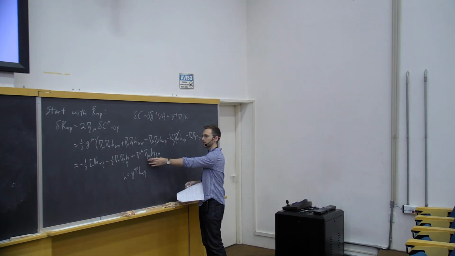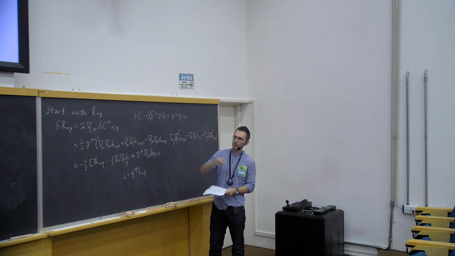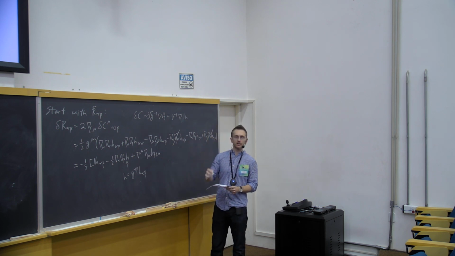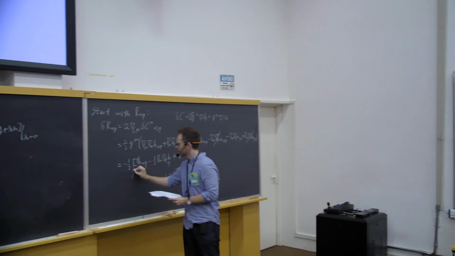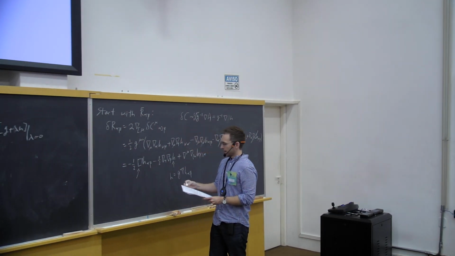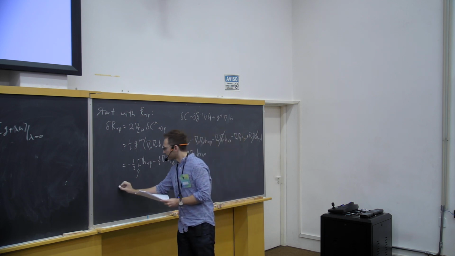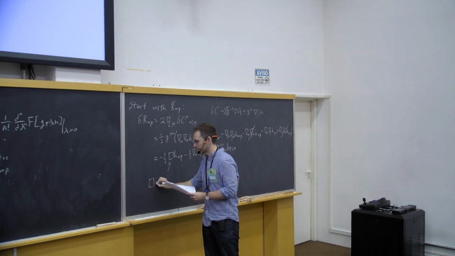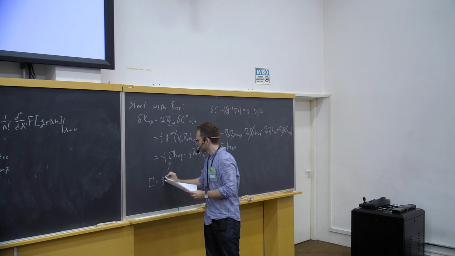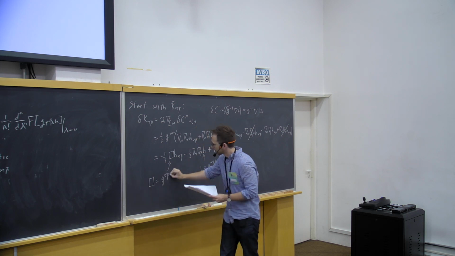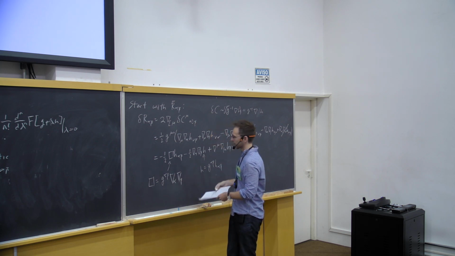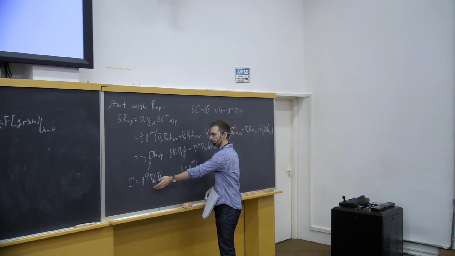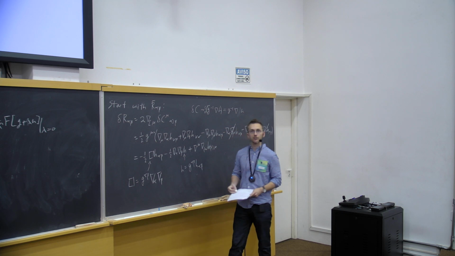So round brackets indicate the symmetric combination, just like square brackets indicated the anti-symmetric combination. And this box is not the box that Luke mentioned. This is defined with respect to the covariant derivative on the background.